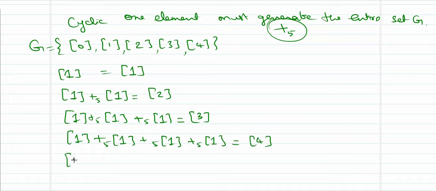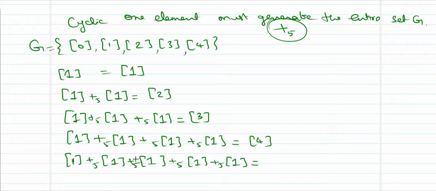Now when I take 5 copies of 1, addition modulo 1, addition modulo 1, addition modulo 1, and this is my fifth copy, what will happen? 5 divided by 5, 0 will get generated.